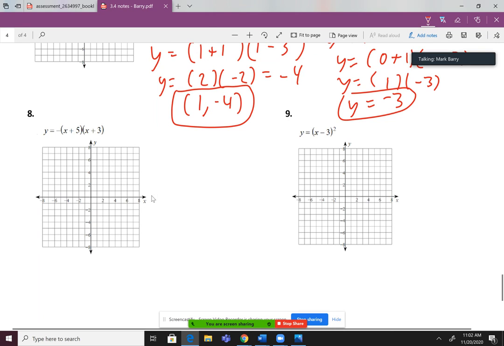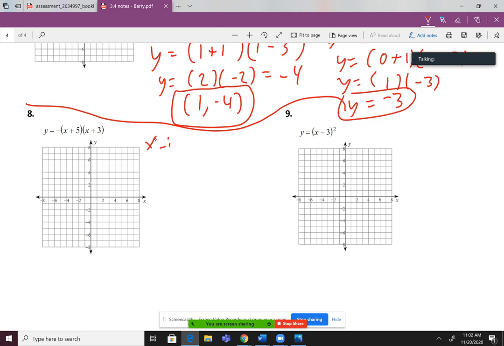All right. So number 8, I'm going to start off here with my x-intercepts. So those are going to be at -5 and -3. Now I see a negative in front of these parentheses, so that kind of tells me that this is going to be a downward facing parabola, but I think we'll figure it out anyway.